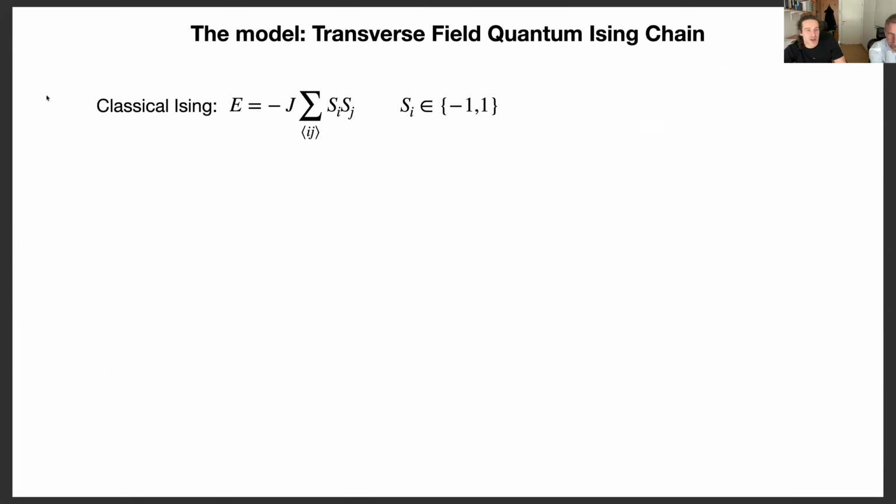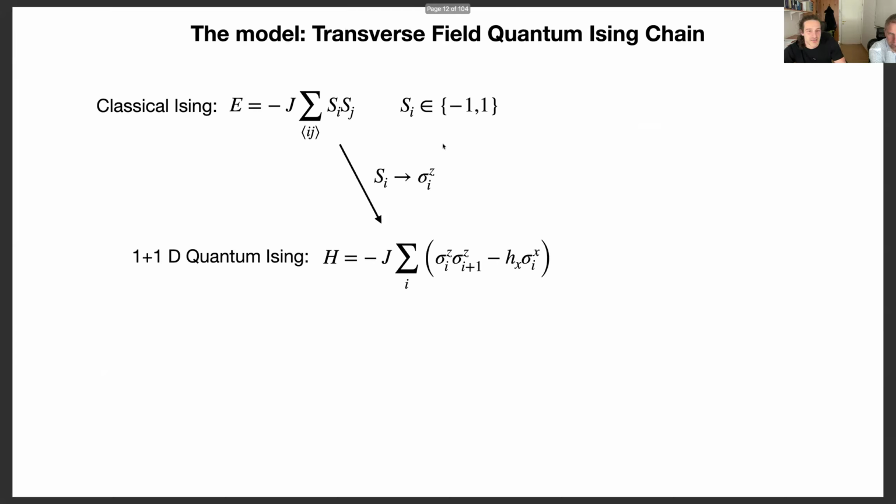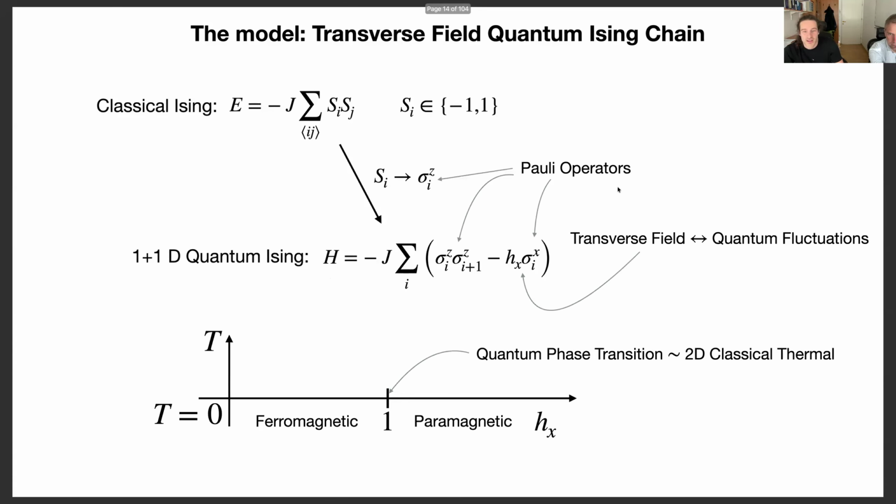Then you start from the classical Ising, but we have this object which is the quantum Ising chain. The 2D Ising is equivalent to the 1 plus 1 dimensional quantum Ising model. Here the classical spin operators are substituted by Pauli operators, and the transverse field is what drives the quantum fluctuations.